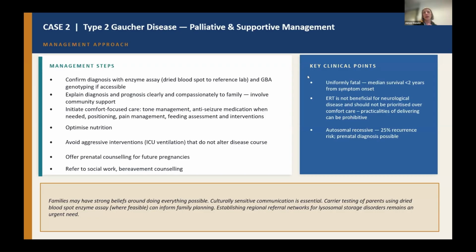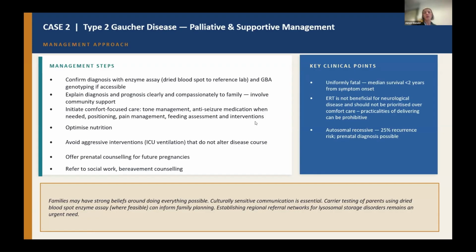But we need to make that as safe as we can so that we limit the complications of it. Again, always optimize nutrition where you can, but avoid the aggressive interventions: ventilation, lots of lines, cannulation, painful things that don't really alter the disease course.